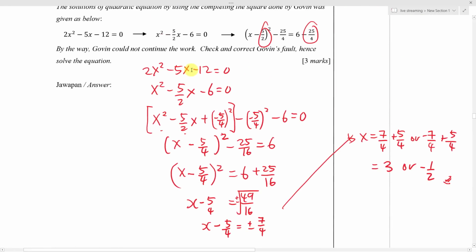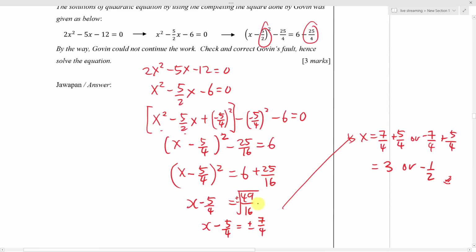Oh my god, I see something. 12 divided by 4 is 3, isn't it? Why is the answer 4 and negative 3 over 2? Let me see which part I got wrong again. Square root of 49 over 16 is 7 over 4, right?